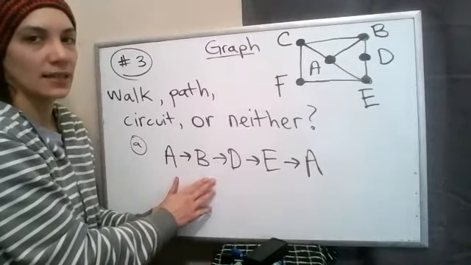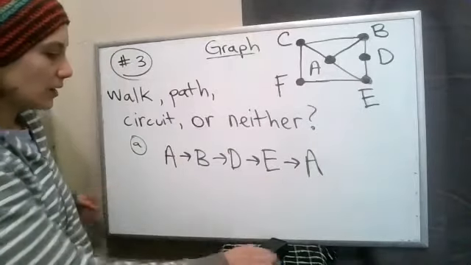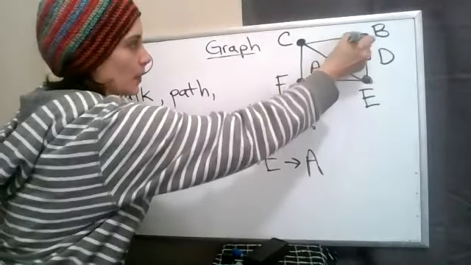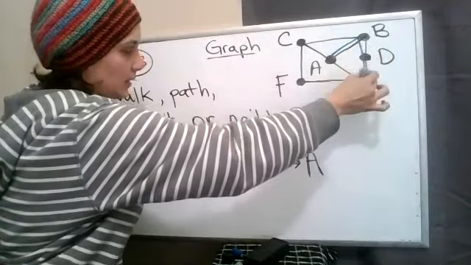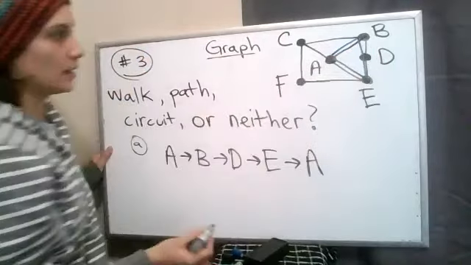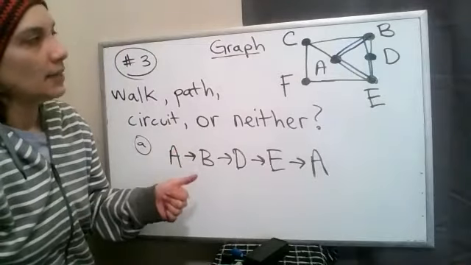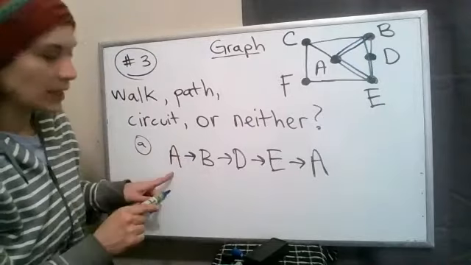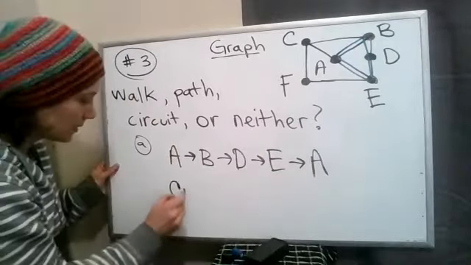So it has to be a path and the end has to be the same as the start. Let's go from A to B. B goes to D. D goes to E. E goes to A. So it was a walk, check. It is a path. We used each edge one time. And we start at A and end at A. Makes this a circuit.